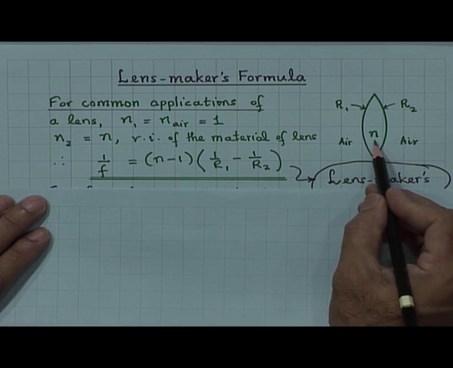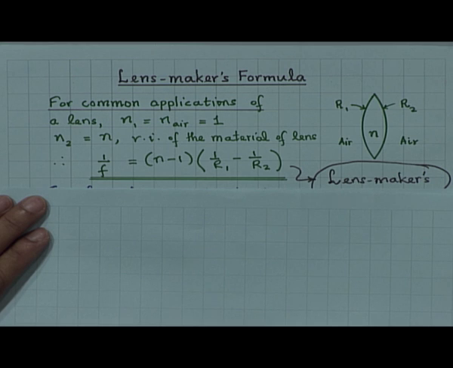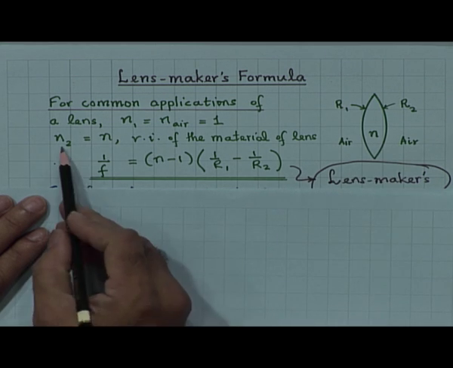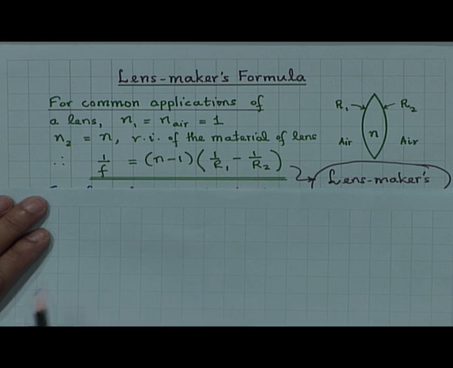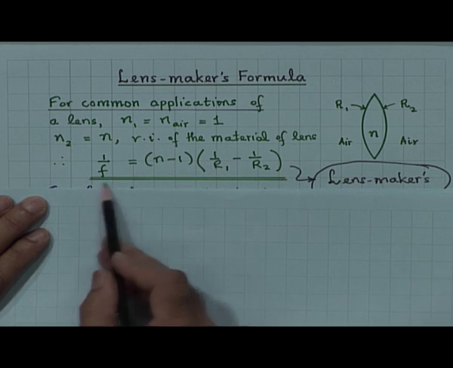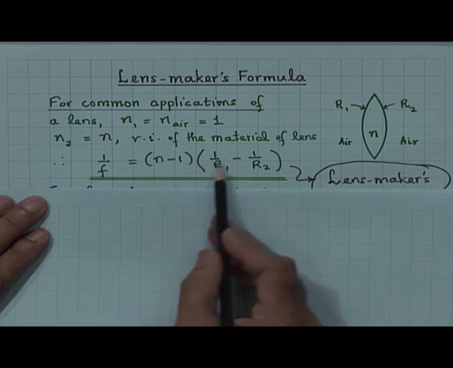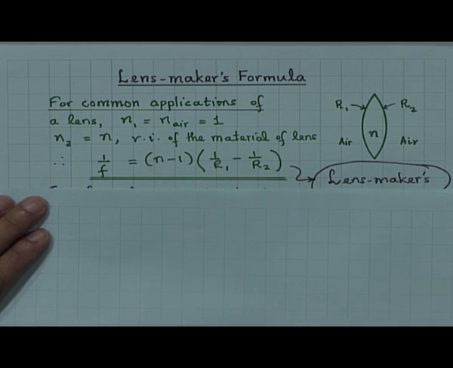So, n is the refractive index of the material of the lens, and n2 is equal to n, and then we have 1 over f is equal to n minus 1 into 1 by r1 minus 1 by r2.